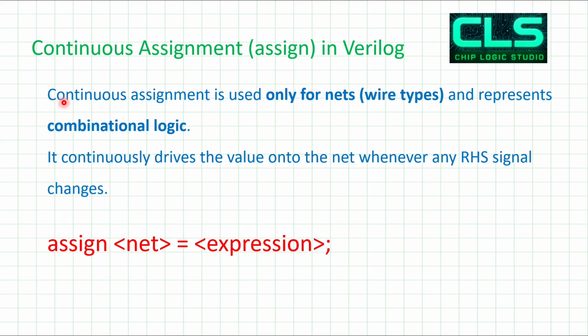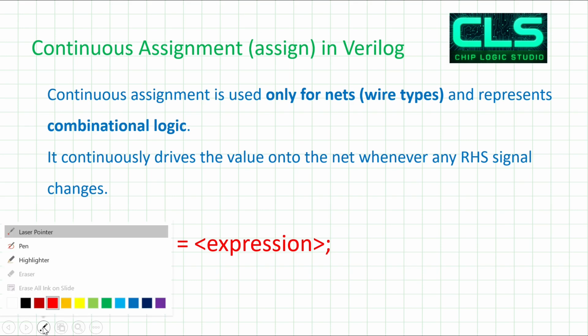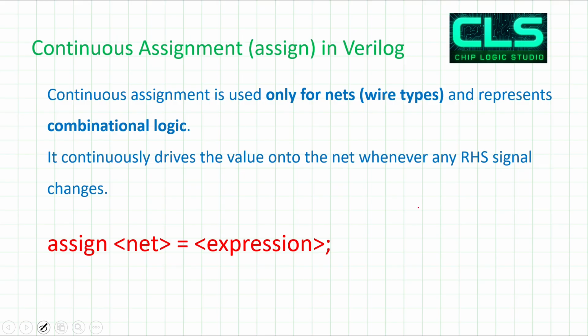So the previous point is that continuous assignment is only for net types, because a net type, for example, is a signal, and this expression does not run on clock triggering, so it will assign here.